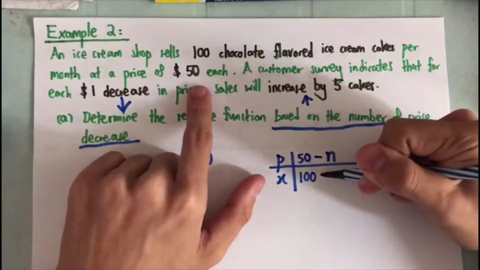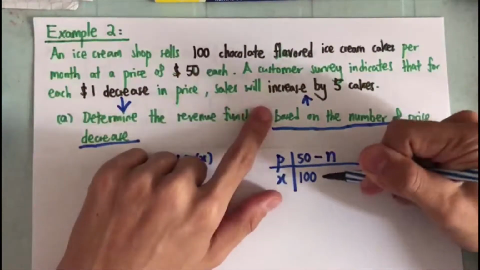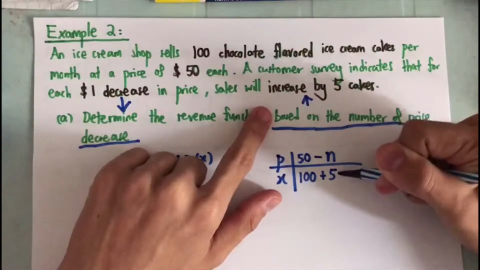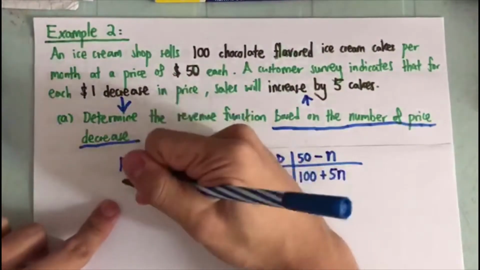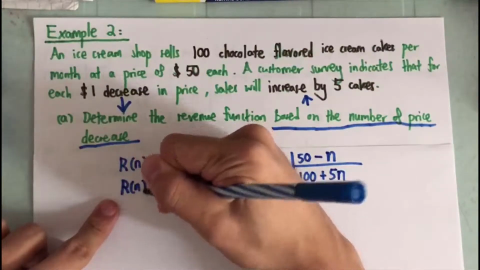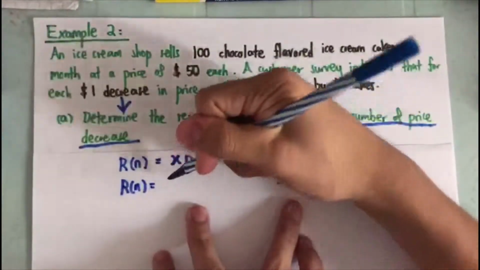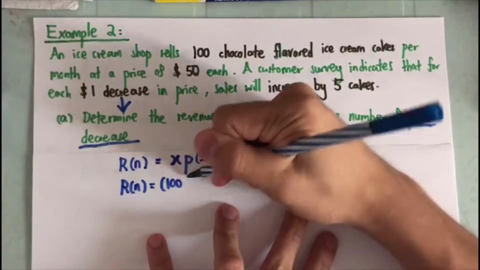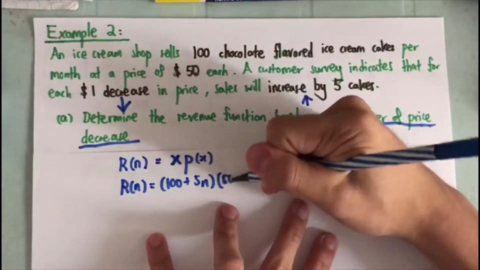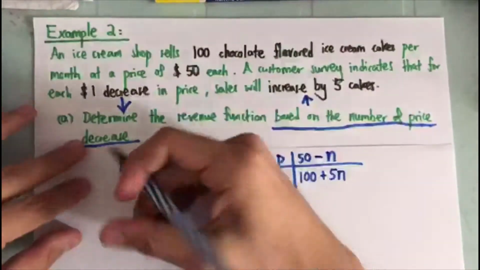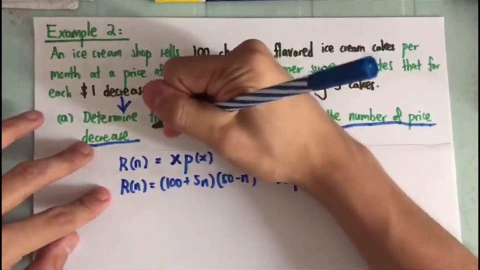And then every time you decrease the price, it increases by 5 cakes. Therefore, just multiply them and you will find the revenue function. 100 plus 5n multiplied by the price, 50 minus n. This is the revenue function.